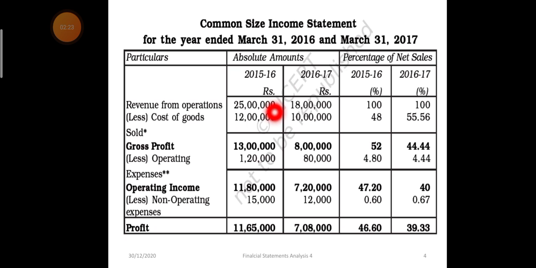Now see, this is the format. The absolute amount, the total amount of the previous year and current year, is written. Now in case of 2015 and 16, we are writing the percentage in this column.